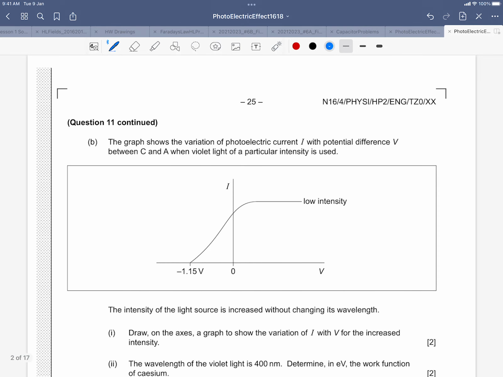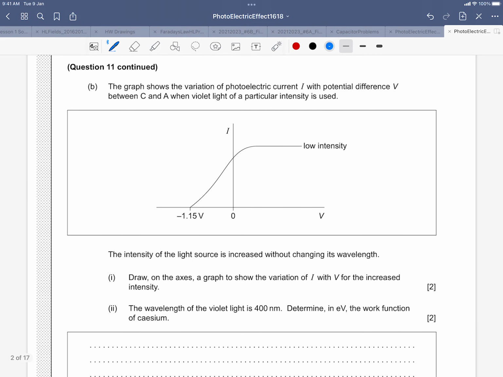Okay, next question is that we are looking at how the current depends on the potential difference, and this is when we are using violet light. So remember, you can see that this negative 1.15 voltage is the stopping voltage.